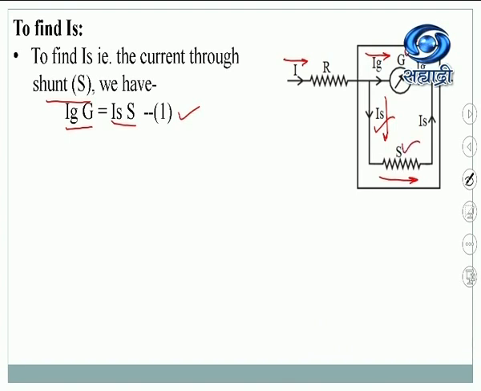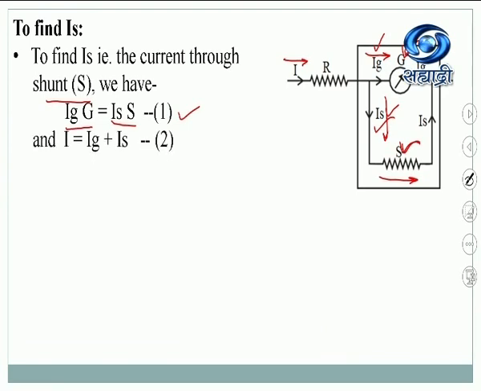We had seen that we convert galvanometer into an ammeter by connecting a low resistance in parallel with the coil of the galvanometer. We call it a shunt. So when they are connected in parallel, their potential differences must be the same. Therefore, current Ig into resistance G must be equal to current Is into this resistance S. So this is equation 1.